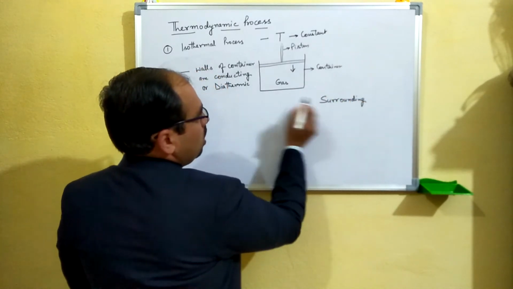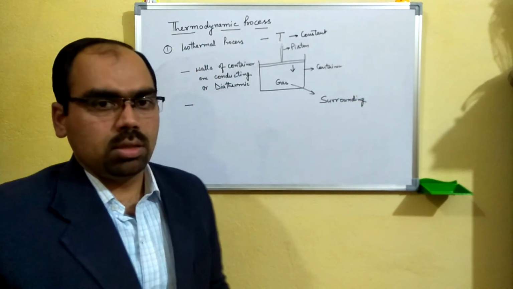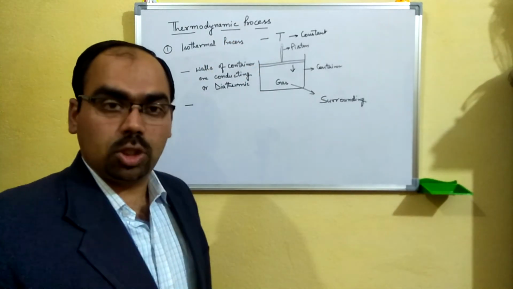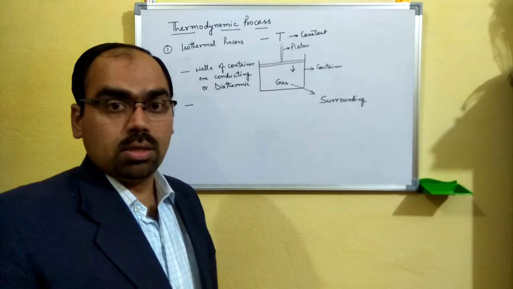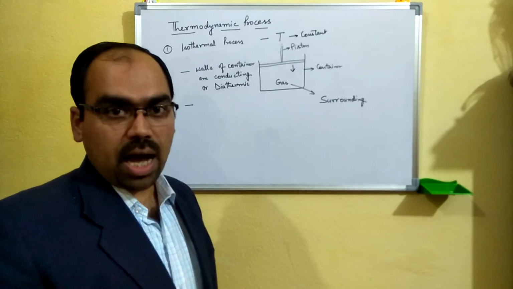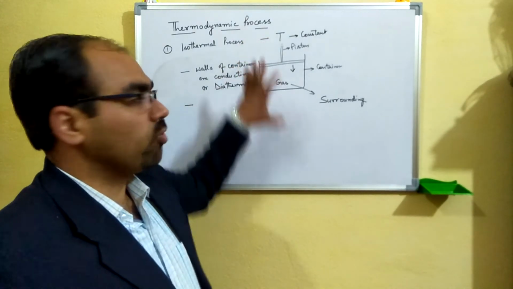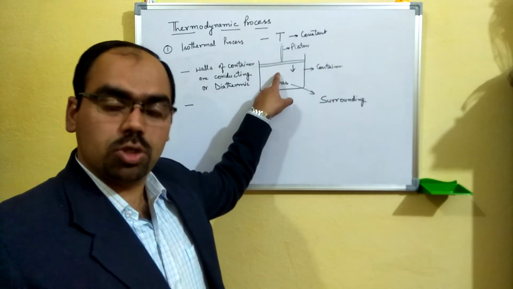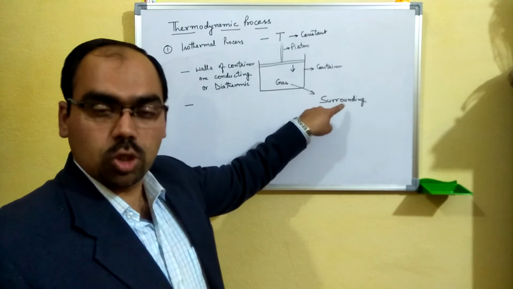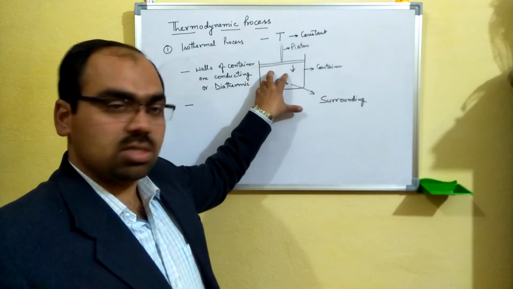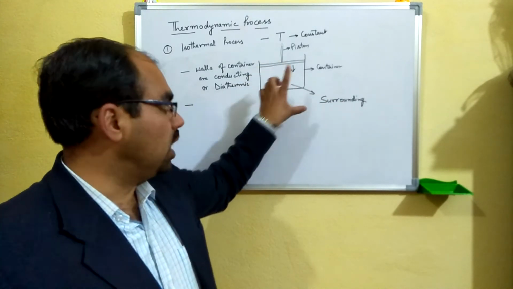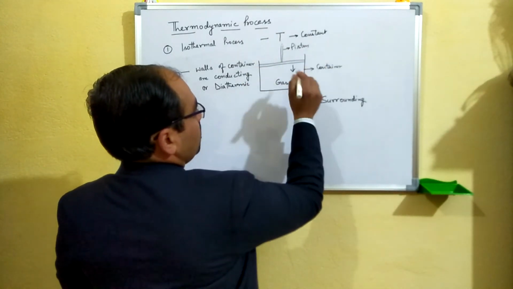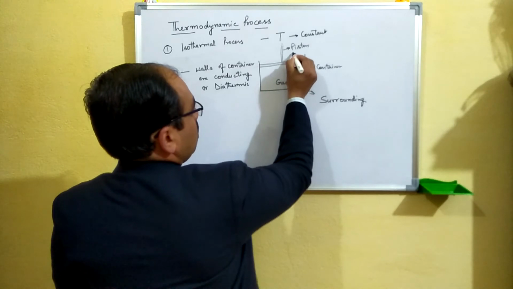So the process of compression should be so slow that it gives a lot of time for the heat produced to transfer to the surrounding, so that the temperature of the system remains constant.